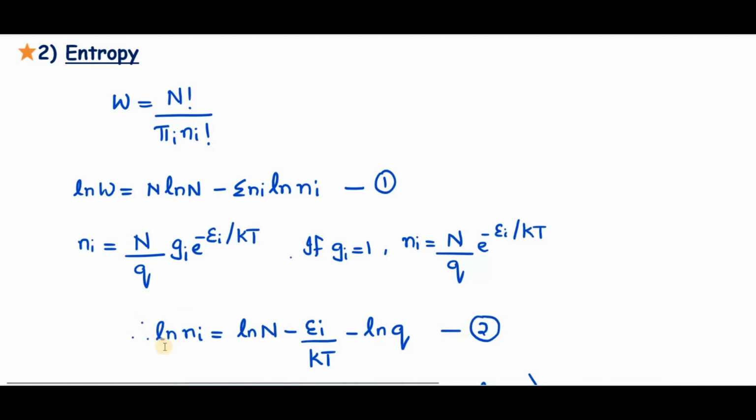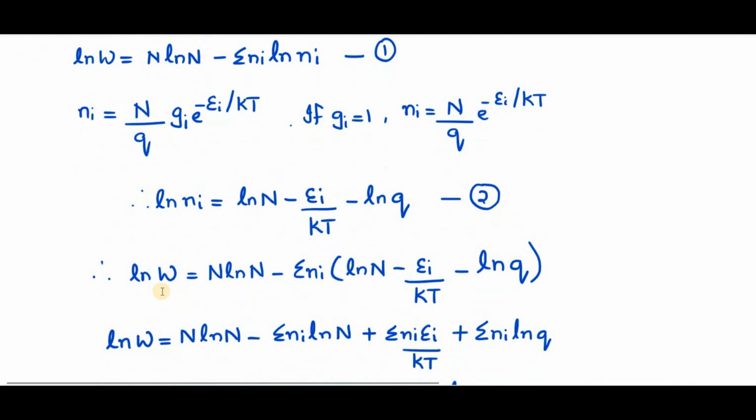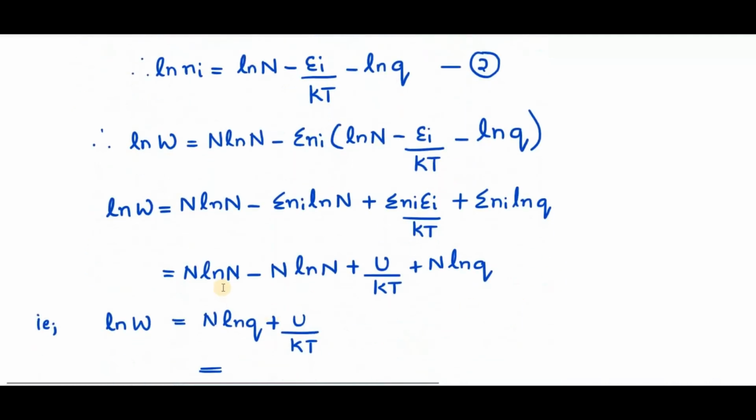So now we got a value for log ni. Now substitute this value in equation 1. So that we get log W equals N log N minus summation ni, and instead of log ni we can write log N minus epsilon i by kT minus log q. So on rearranging we get N log N minus, so here we have summation ni log N, where summation ni is capital N, so here minus N log N plus summation ni epsilon i by kT.